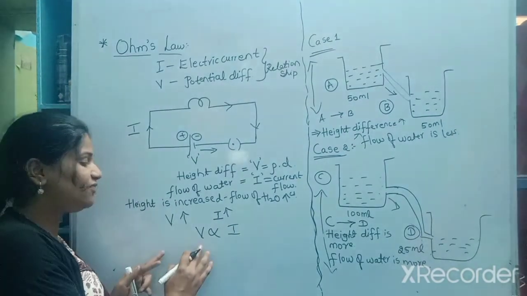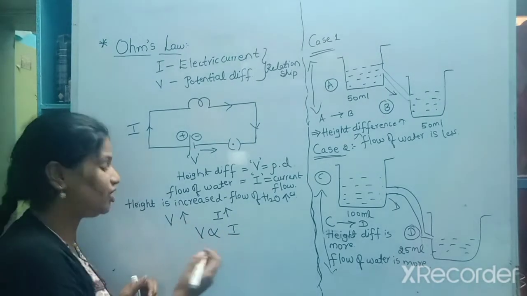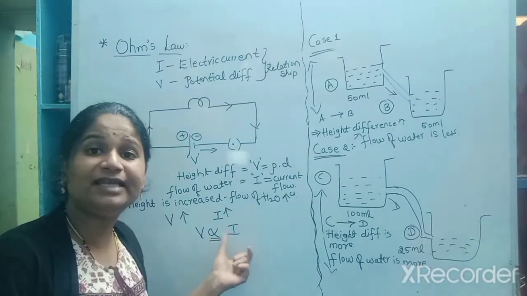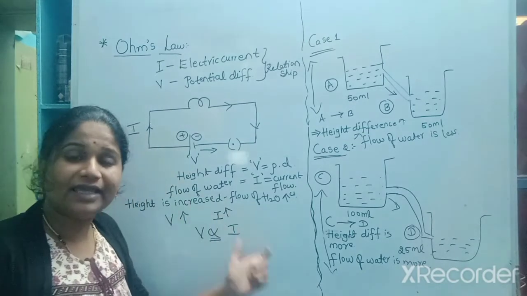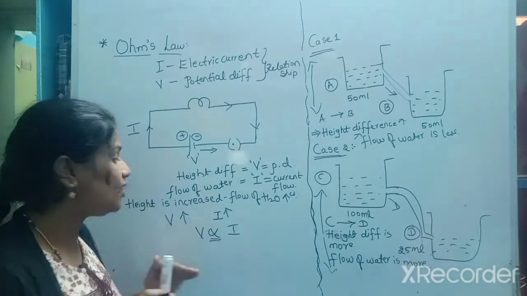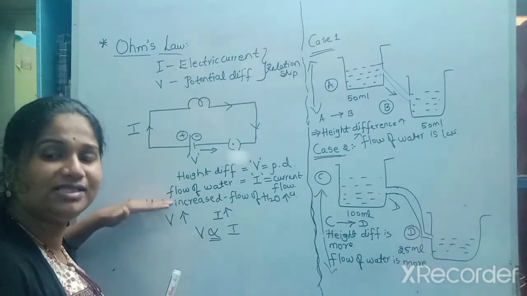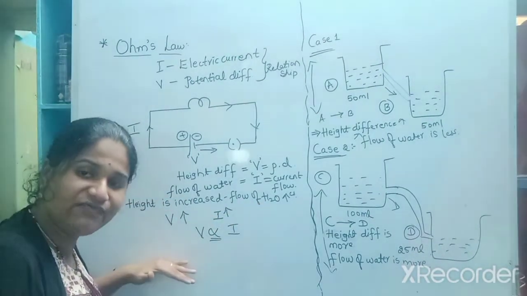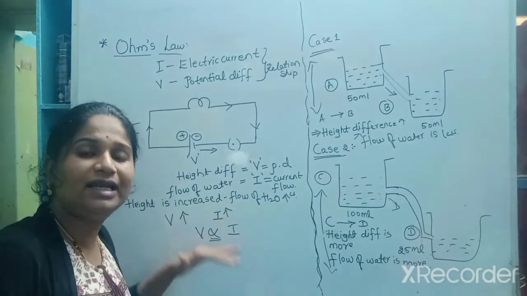The potential difference is directly proportional. This is a proportional sign. So what does directly proportional mean? If the potential difference increases, flow of current increases. If potential difference decreases, flow of current decreases.